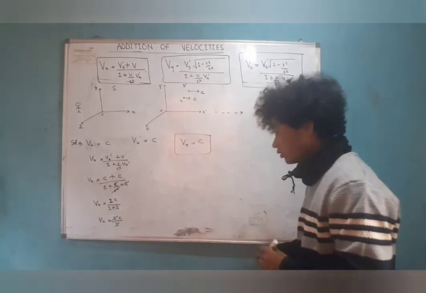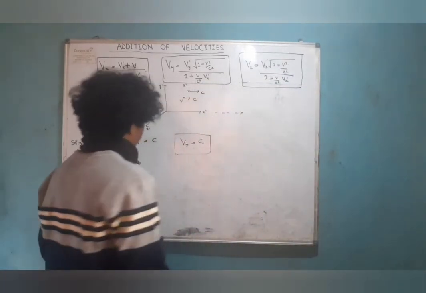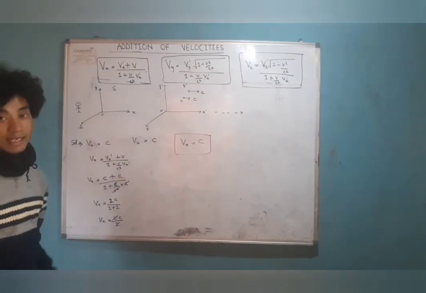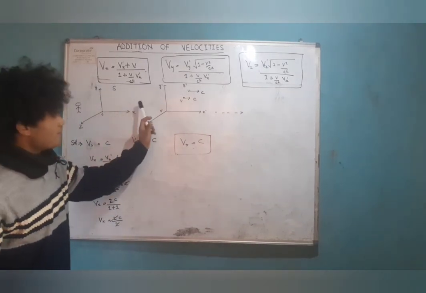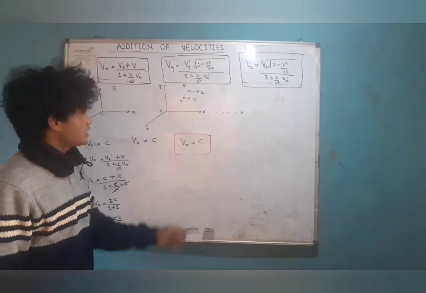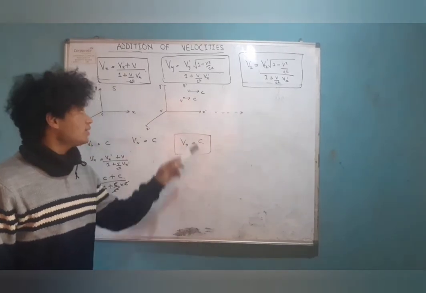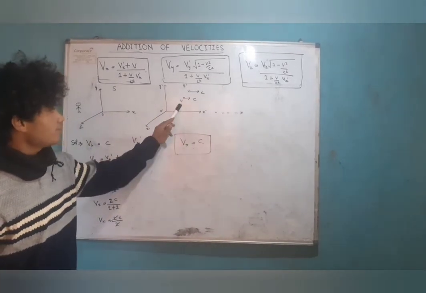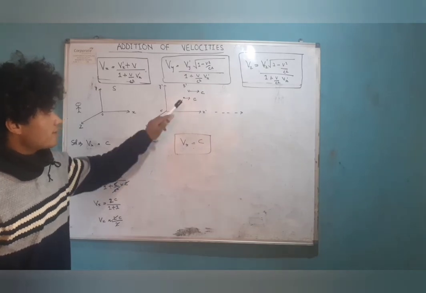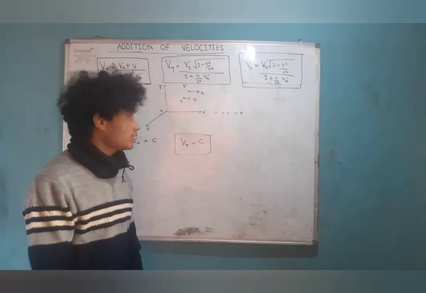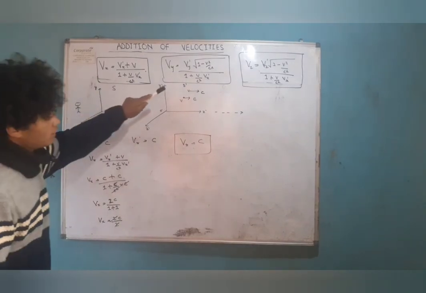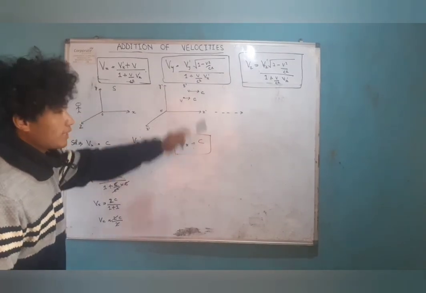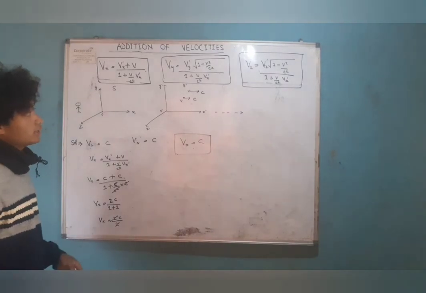So what we did here is we considered the two frames, S frame and S prime frame, and this S prime frame is moving with velocity c, and the particle in the S prime frame is also moving with velocity c. The observer here, who is observing the velocity of light, must see c.